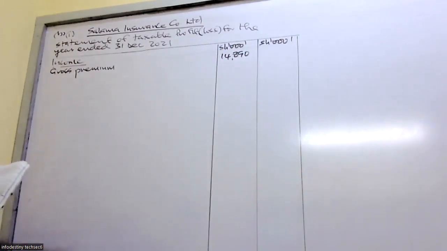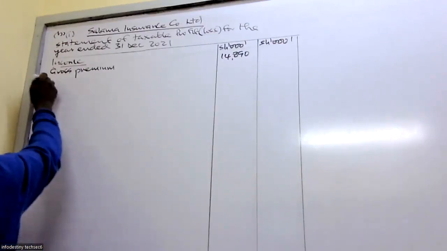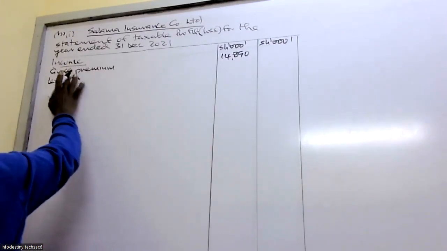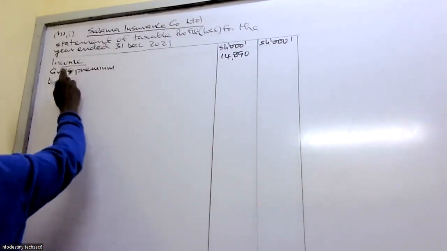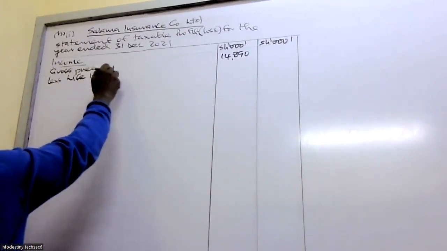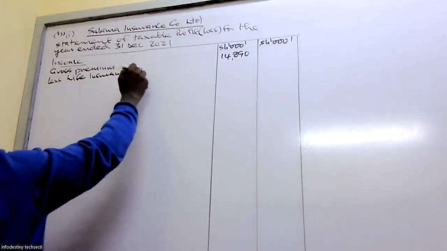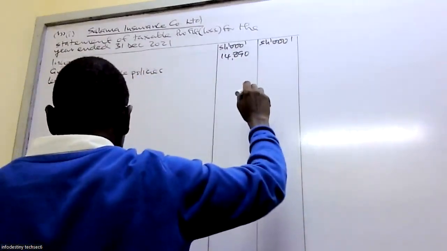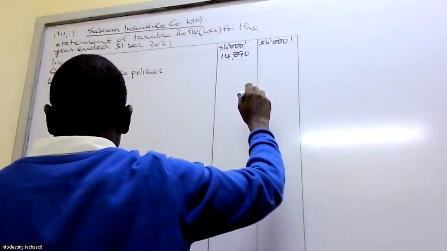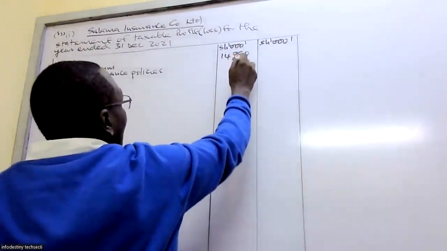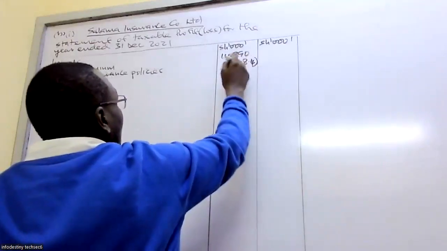Life must be kept separate. So we lessen 748,400, the life insurance policies, 748.4.